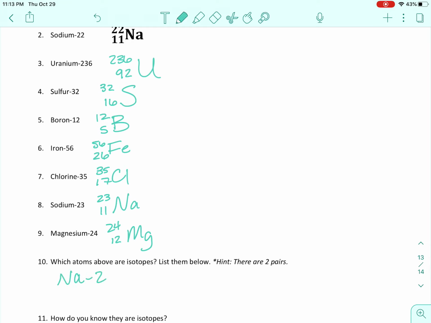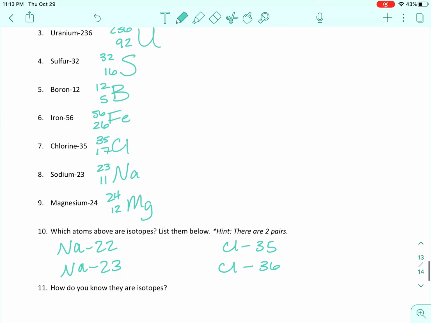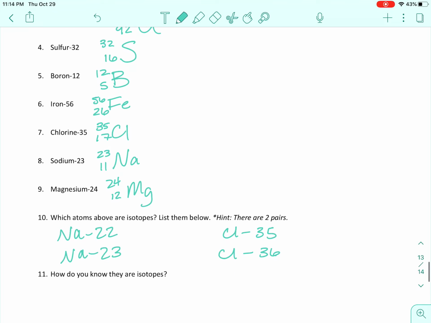They're both sodium, but the masses are different. So we have sodium 22 and sodium 23. And then we have chlorine 35 and chlorine 36. So writing it like that, where you do the symbol and the mass number, is just a shorter way to do the isotope name.